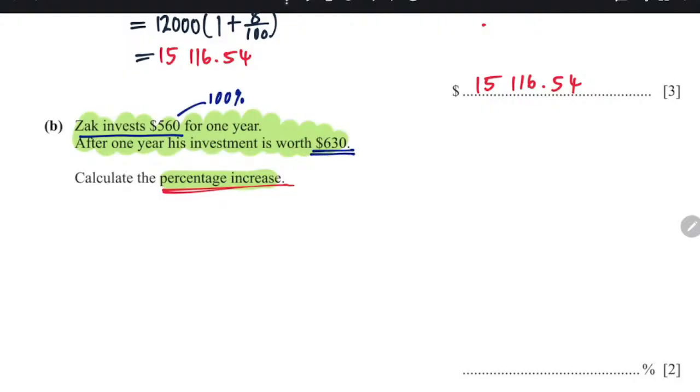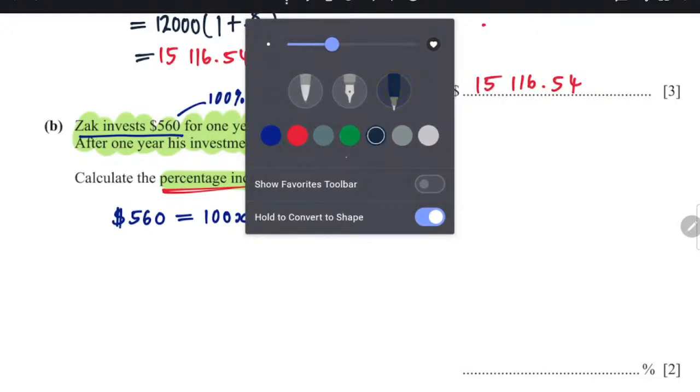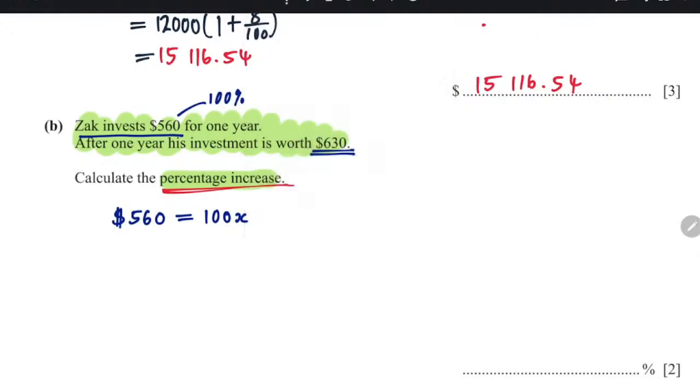So here's what happens when you do percentages. It's done in steps. You'd say, okay, 560 here is equal to 100%, right? Now, if we want to find if there was an increase or decrease, here is what happens.